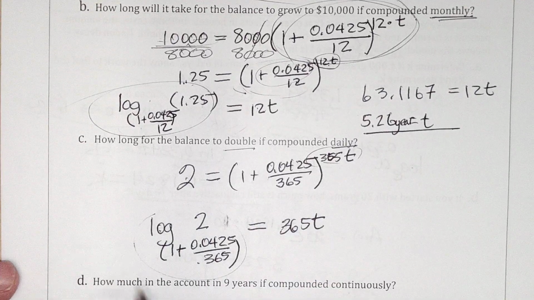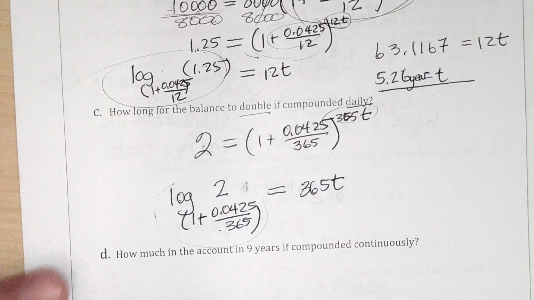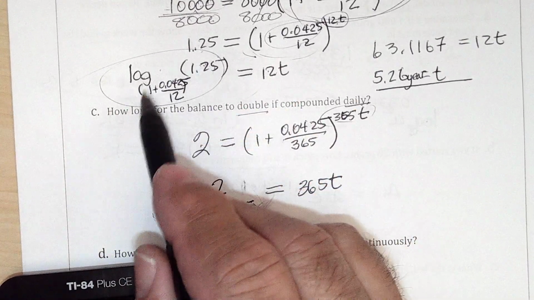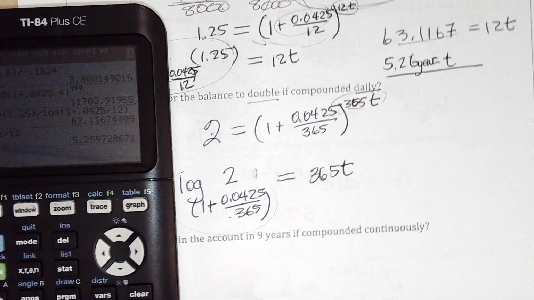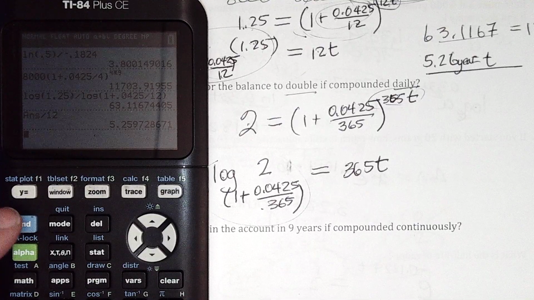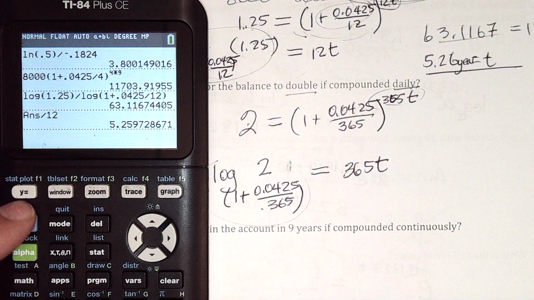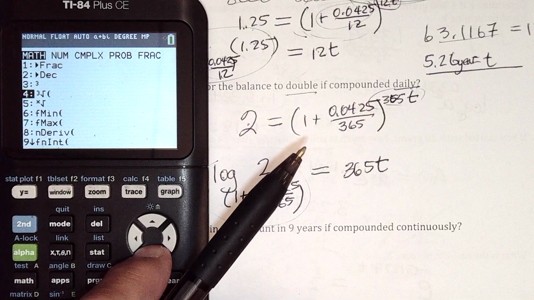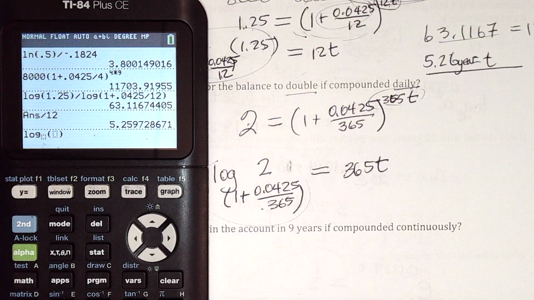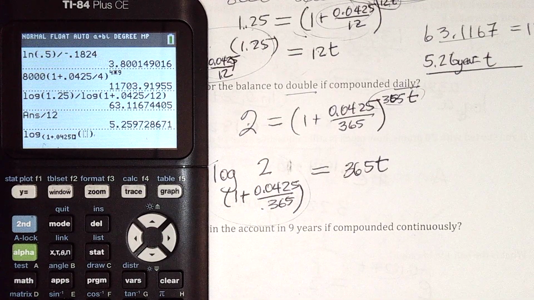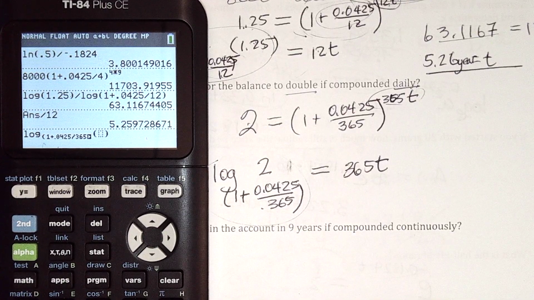So I'm going to figure this out, and I can either type it in with the base. Up here I did log of this divided by the log of this to get this number. Let's do the change of base rule here in the calculator. So I'm going to go math, come down to the log in any base, and it allows me to type in the base, and my base is complex here, so I'm going to go parenthesis 1 plus 0.0425 divided by 365, close parenthesis.